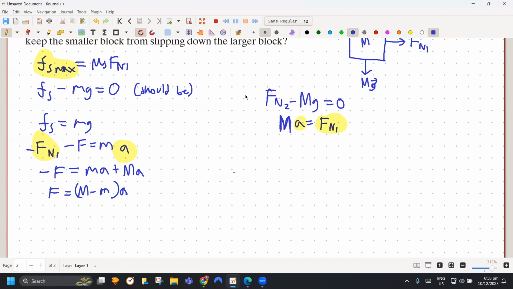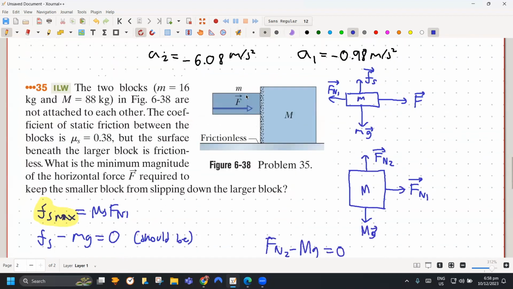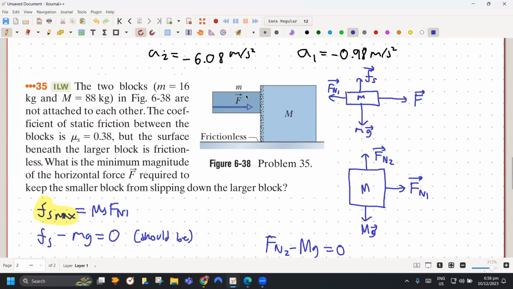Akit ka doon sa free body diagram. Kailangan mo tingnan yung free body diagram eh. Ano direction ng big F? To the right. Anong sign dapat ng component niya? Positive or negative?